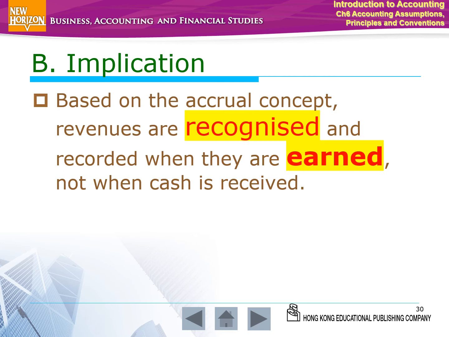But in December, your mom has left you for a holiday, so you will still recognize the December petty cash, pocket money, as your income, right? So actually, you have earned this December pocket money. So the key is earned, not when cash is received.